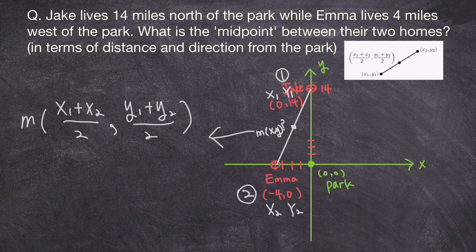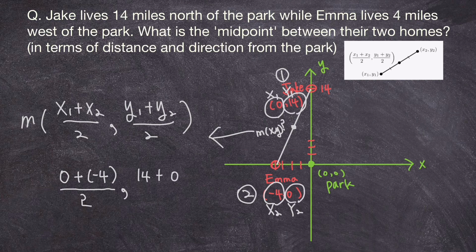Let's go ahead and plug in x1. Our x1 is right here, 0, x2, -4. We add those together, divided by 2. And then where's our y1? 14. y2, 0. And divide that by 2 as well.